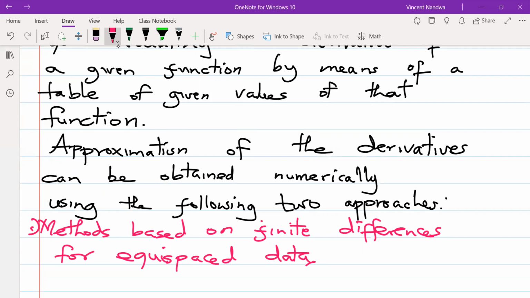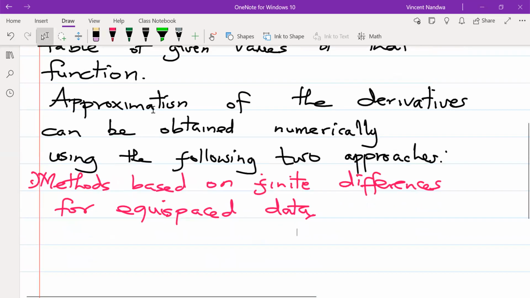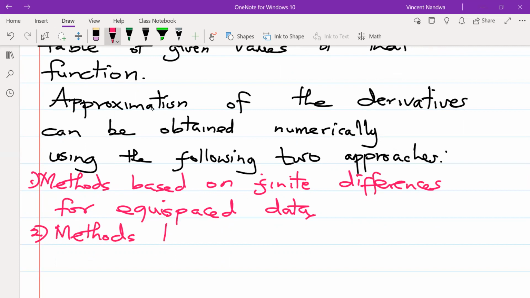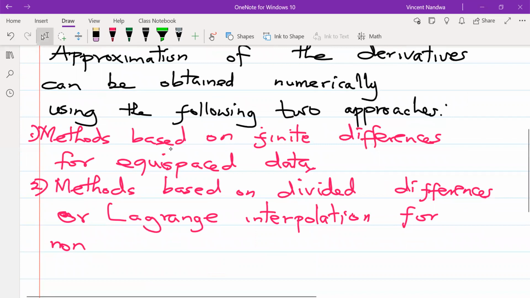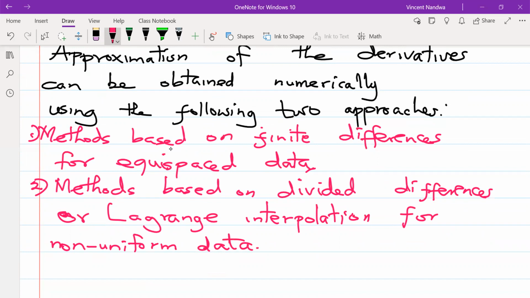So there are methods based on either Newton forward or Newton backward. Number 2, so that's what we have.